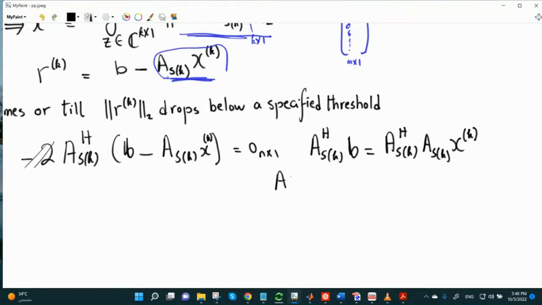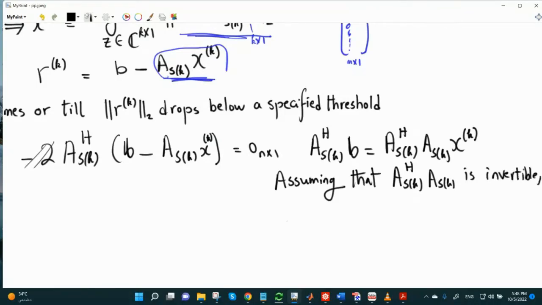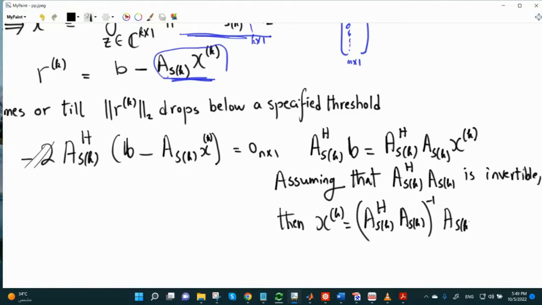And then, assuming that A sub S of k Hermitian A sub S of k is invertible, x of k is A sub S of k Hermitian A sub S of k inverse, times A sub S of k Hermitian b, which is again the standard least squares solution.